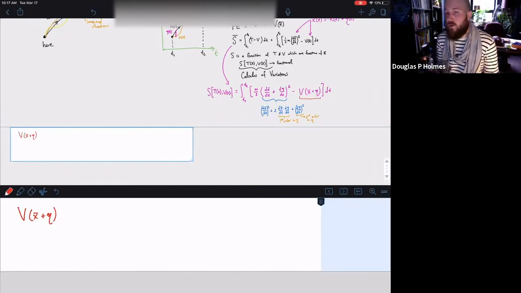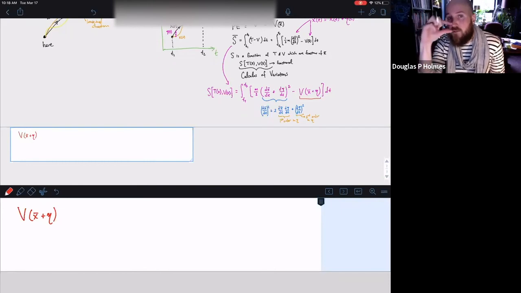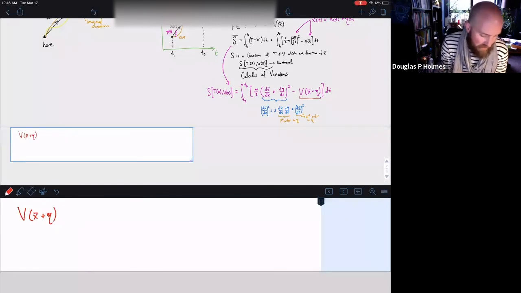All we know is we've got some arbitrary function with x bar and eta in there. We know that our perturbation, our virtual displacement, the difference between the true path and the fake path, is small. We're just going to look for paths that are really close to the original one. So we're going to assume eta is small. And if eta is small, then we can write this as a Taylor series expansion.